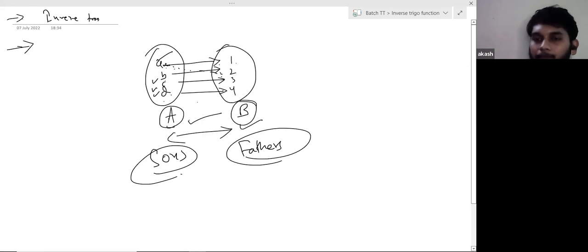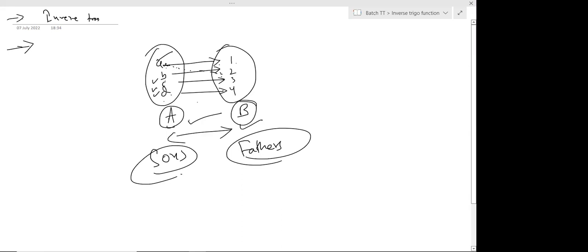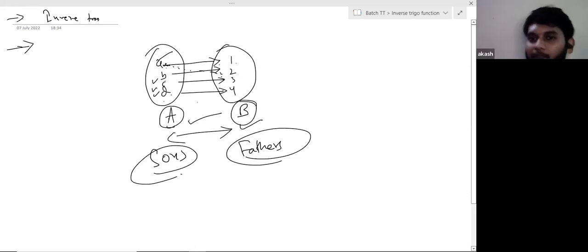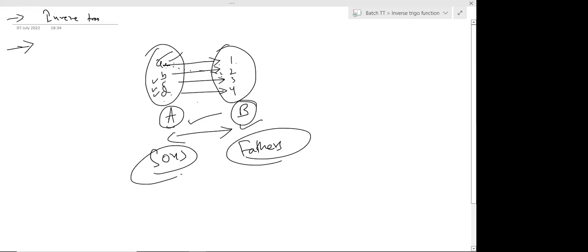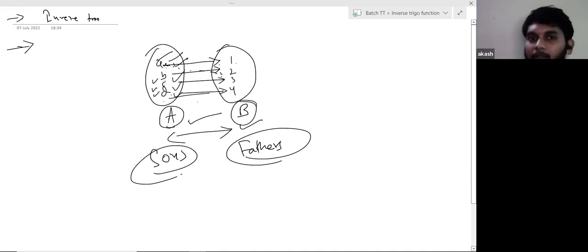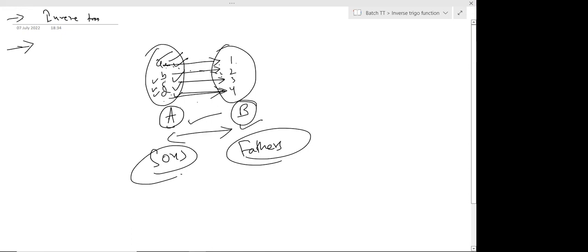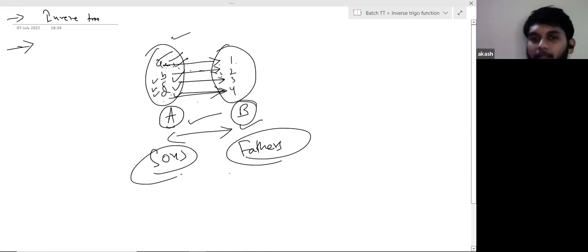If there is a son, there is a father also. So all the elements of this set must have a father, and every child has only one father. That is the condition of a function.